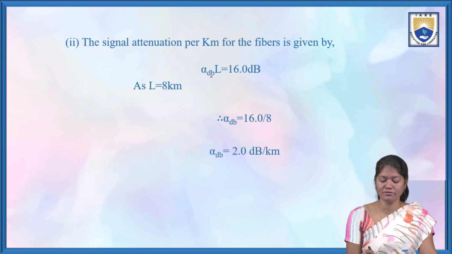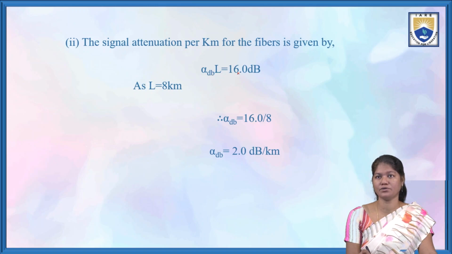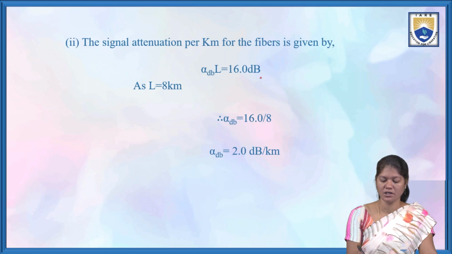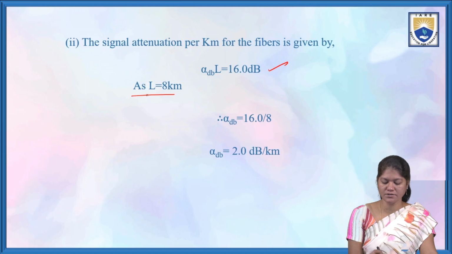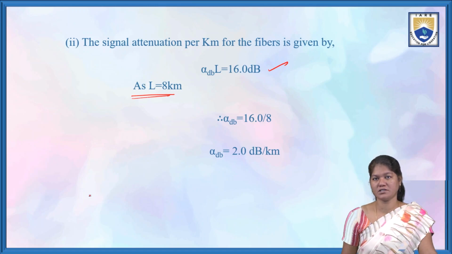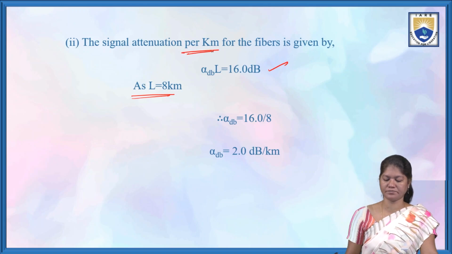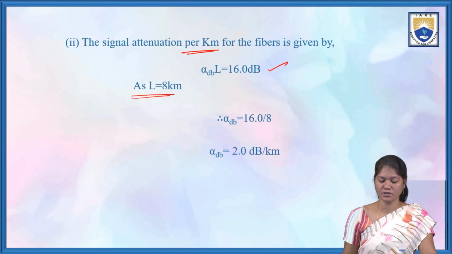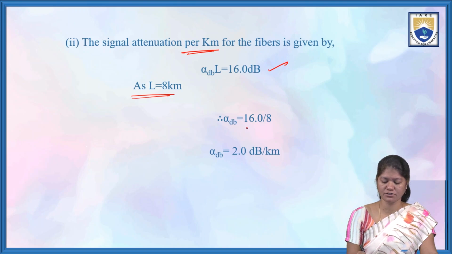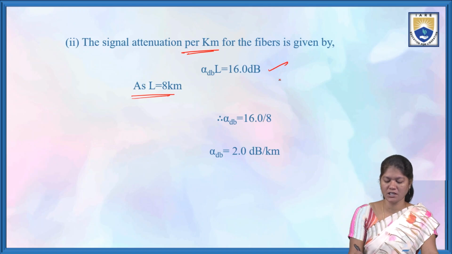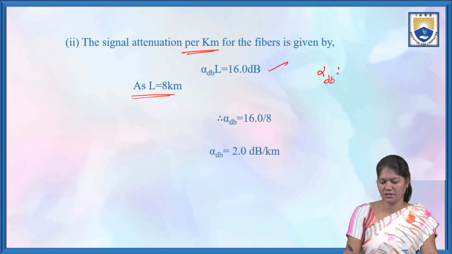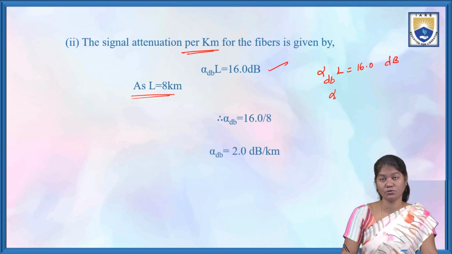So alpha dB L is equal to 16.0 decibels, where L is equal to 8 kilometers. We have to calculate per kilometer.